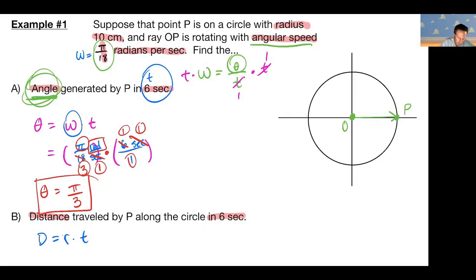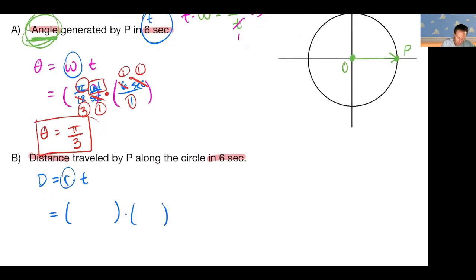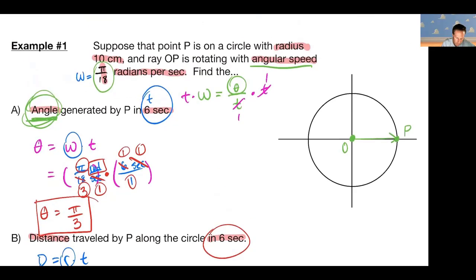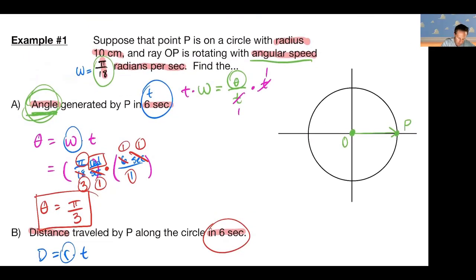Now, just don't get confused. This is a rate, not a radius, even though they both start with R, and we usually use little r for both. We need the rate times the time. Now, they obviously gave us the time right here, 6 seconds. But the rate, if you remember, was up at the beginning, and that was radians per second, pi over 18.